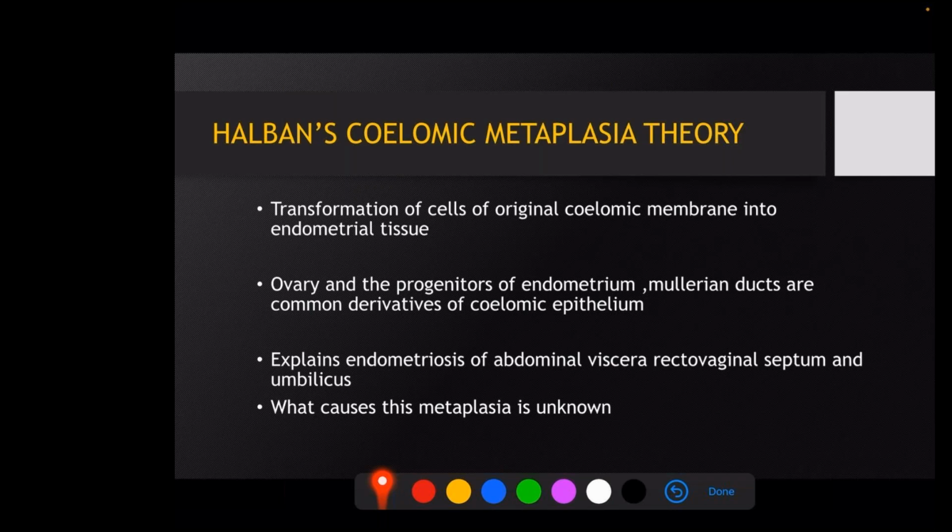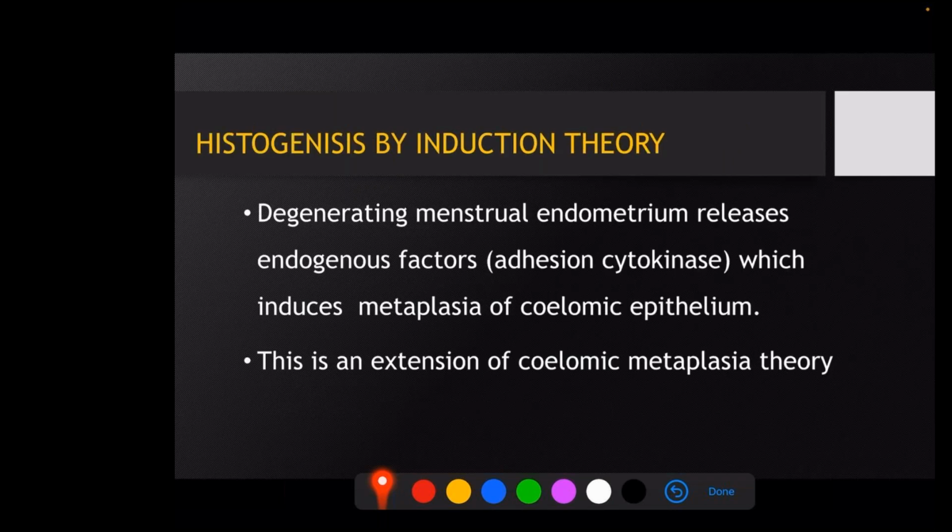Then next theory, histogenesis or tissue differentiation by induction theory. This theory postulates that degenerating menstrual endometrium releases endogenous factors which induce metaplasia of coelomic epithelium. According to this theory, the endometriotic tissue secretes a protein called adhesion cytokinase, which is capable of inducing endometrial changes in other tissues, that is, transformation of undifferentiated peritoneal cells to endometrial glands and stroma.